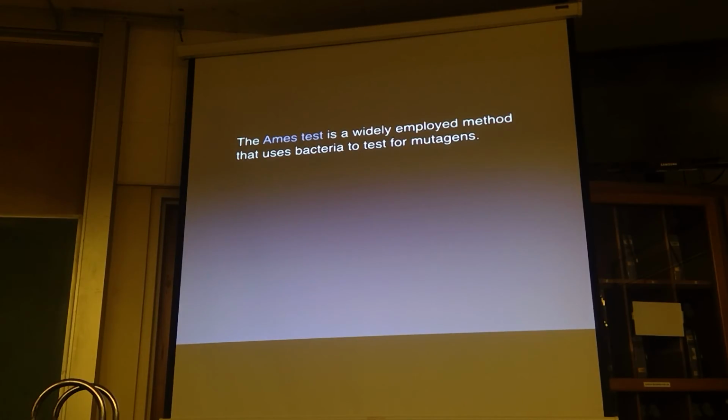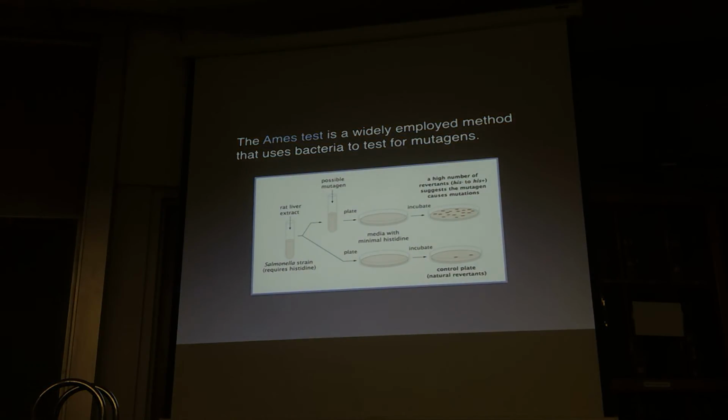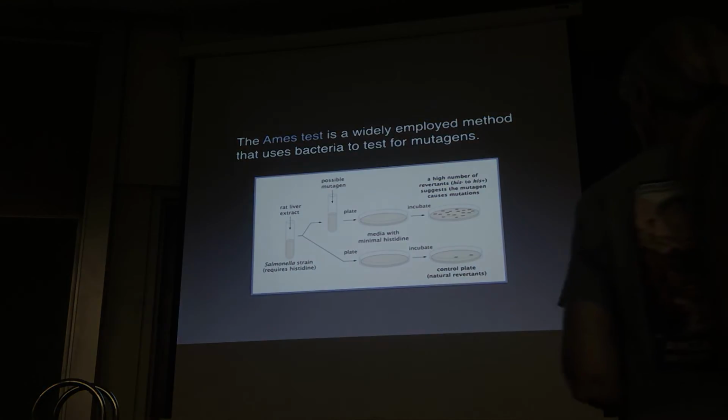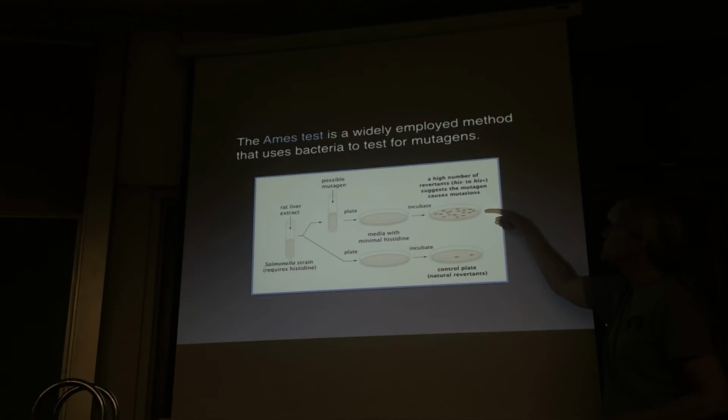Then you look at the Salmonella after the exposure to the chemical to see if they have a significant number of changes in their metabolism. Here you see the Salmonella, you see the possible mutagen being added to it, and then you see what they have here as a control. This is considered the natural mutation rate. This is a much higher mutation rate up here, so whatever that chemical was, it's a mutagen.